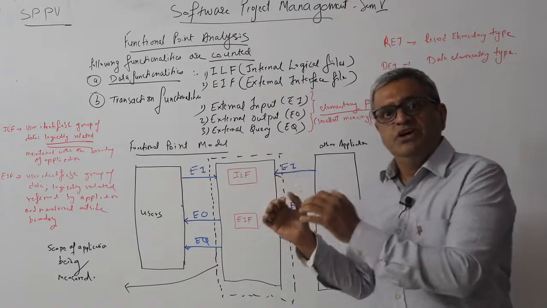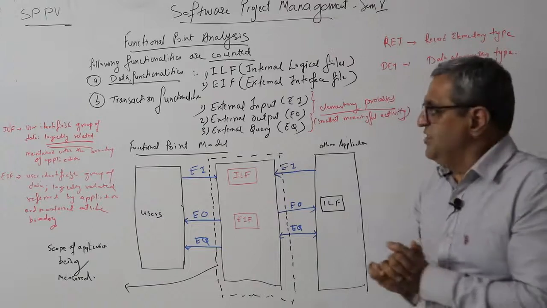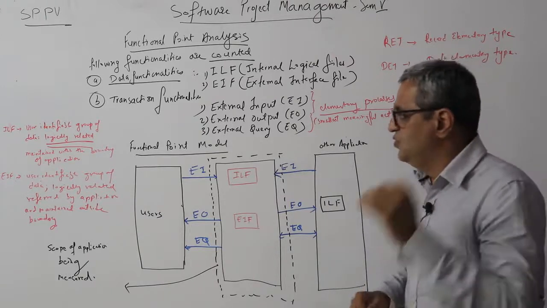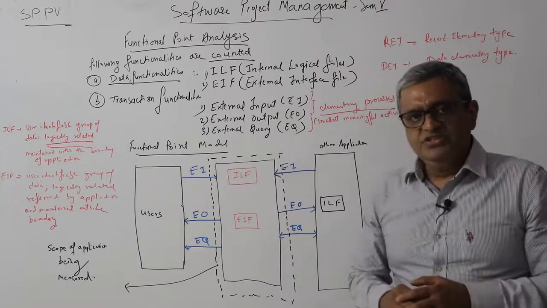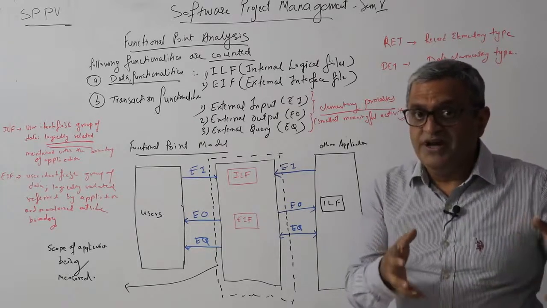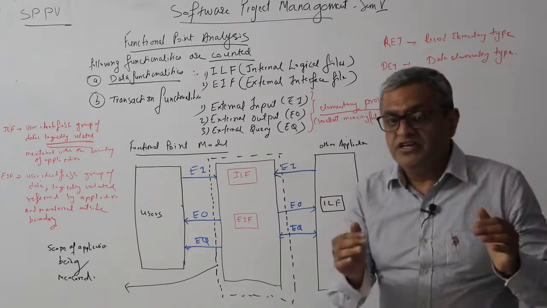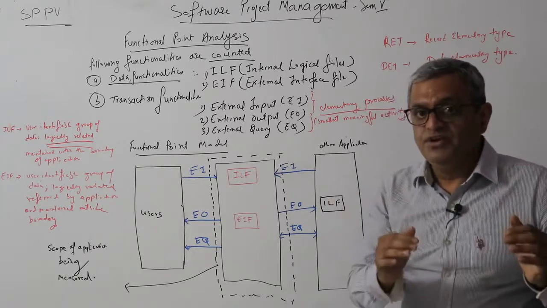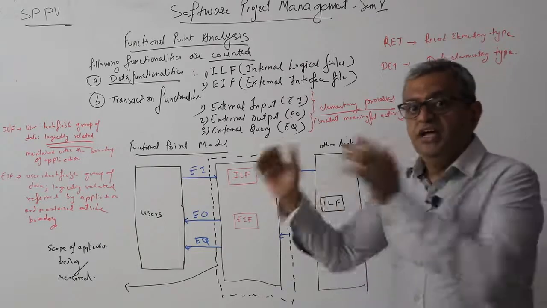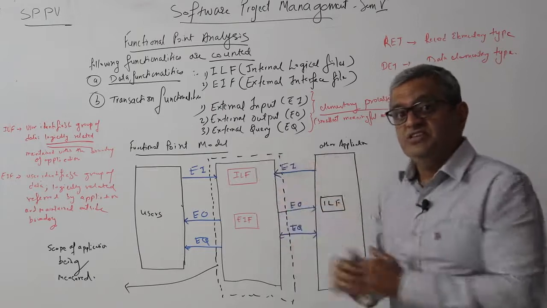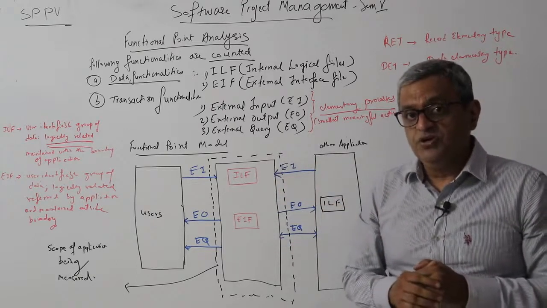So that becomes the EIF. EIF is a user-identifiable group of data which is referred to by the software in scope, and this data is not maintained here, it's maintained outside the scope of the software. So it's the external application that we are talking about.